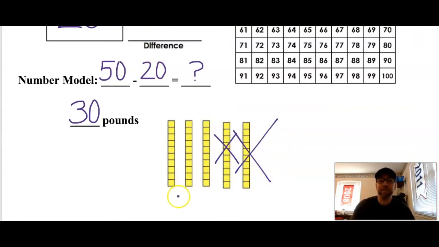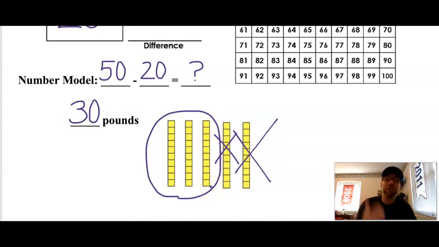How much did it leave me with? It left me with 10, 20, 30. So that's another strategy that we can use to solve some bigger problems. Also, remember, 5 minus 2 equals 3. So 50 minus 20 equals 30.